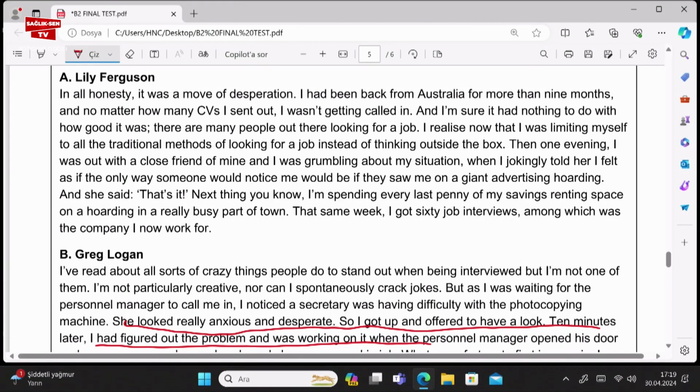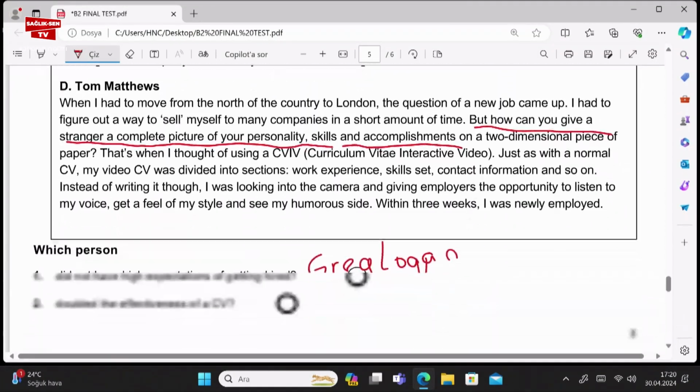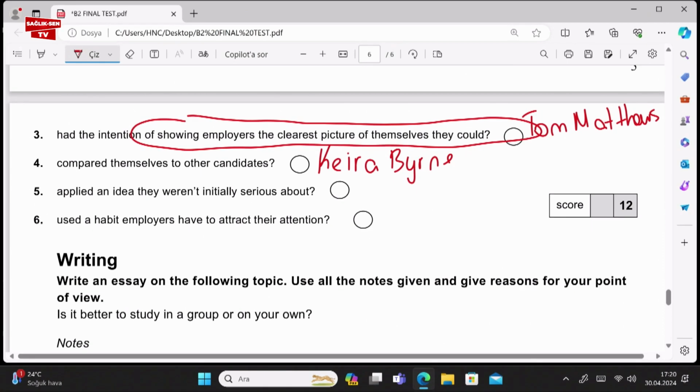As we have said, Lily Ferguson talked about advertising herself on billboards for the companies that she wanted to work for, and it started as a joke. But at last she was serious and she actually went for it, and she was really successful. So our answer for this question is Lily Ferguson.